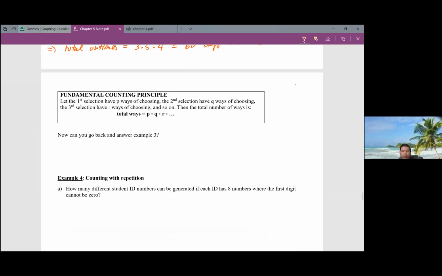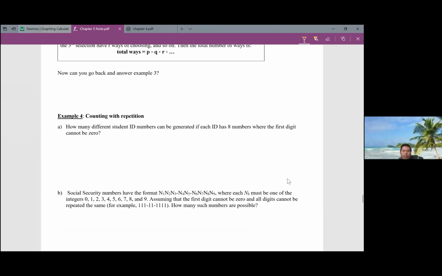All right, let's see if we can apply the multiplication rule here. How many different student ID numbers can be generated if each ID has 8 digits and the first digit cannot be 0?